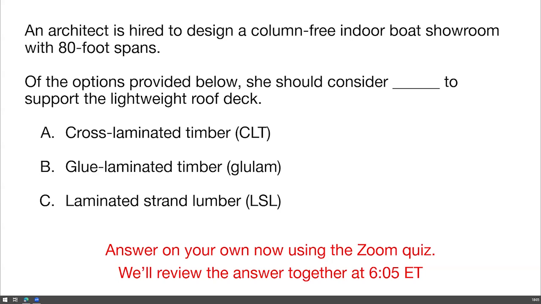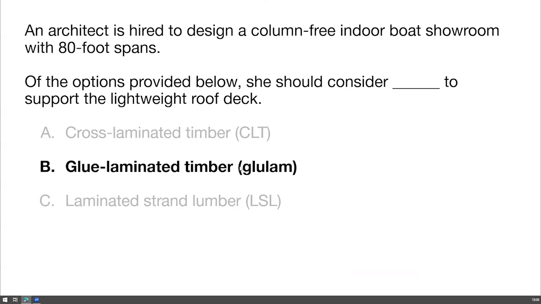The options are A, cross-laminated timber, CLT; B, glue-laminated timber, glue-lam; or C, laminated strand lumber, LSL. The right answer in this case is option B, glue-laminated timber, or glue-lam. Based on the results of the quiz, it looks like most of you got that right.